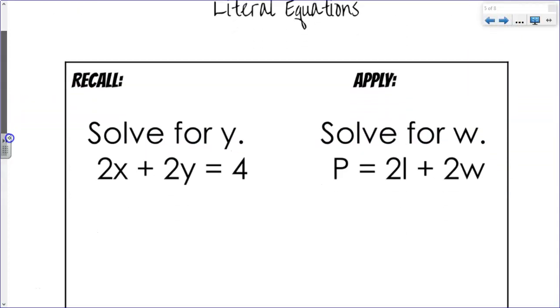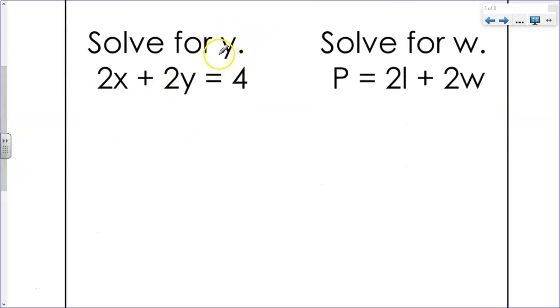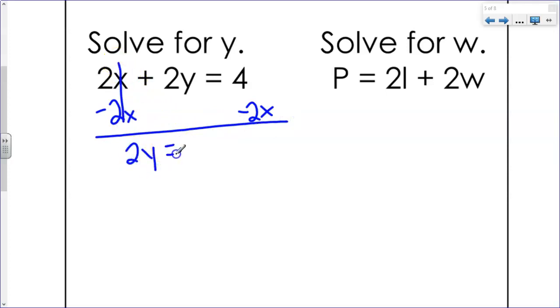Okay, so let's look at the next problem here. I'm going to solve for y. It's getting a little bit more complicated now because it doesn't have y by itself. So we need to move this 2x. That cancels. That leaves me 2y equals -2x plus 4.